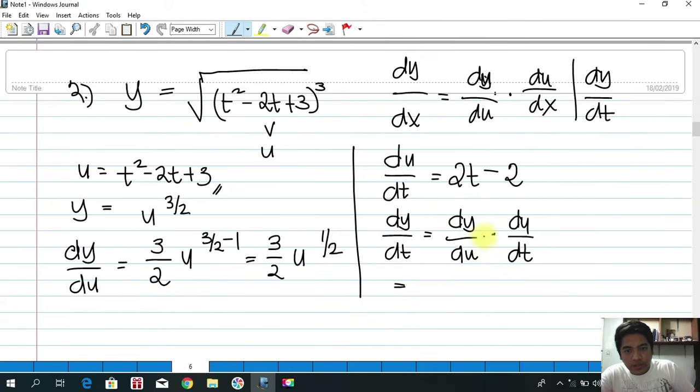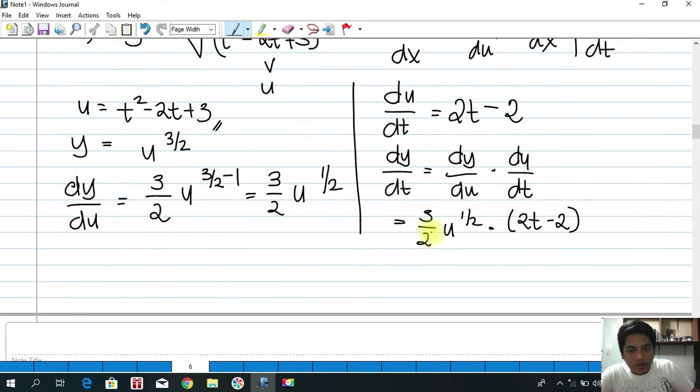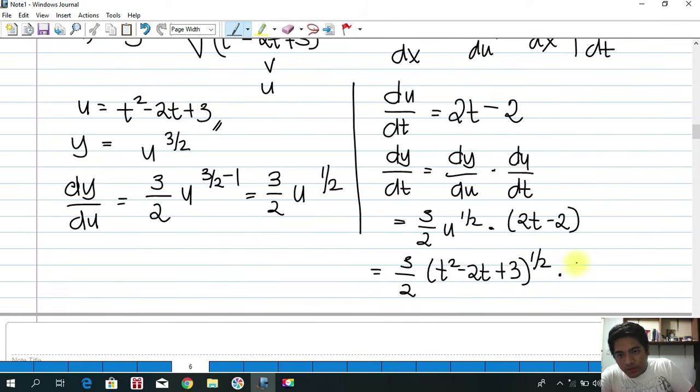So to get dy over dt, dy over du is 3 halves times u raised to 1 half, times 2t minus 2. To simplify, 3 halves of u raised to 1 half, where u is t squared minus 2t plus 3, so we have t squared minus 2t plus 3 raised to 1 half, or the square root, multiplied by 2t minus 2.